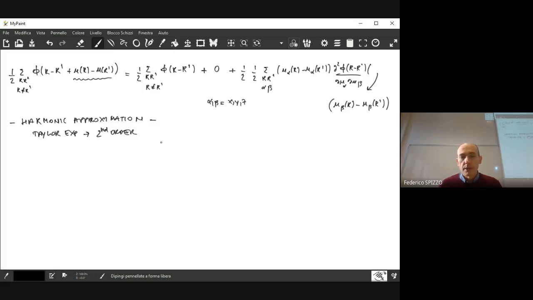Even if we do not consider something as strong as the melting process, even if you want to describe the system at high temperature, a temperature below the melting, but higher than, let's say, the room temperature, then maybe the harmonic approximation is not fine.